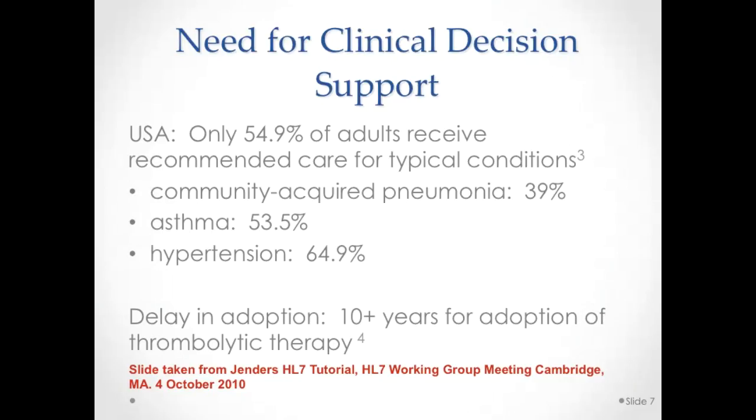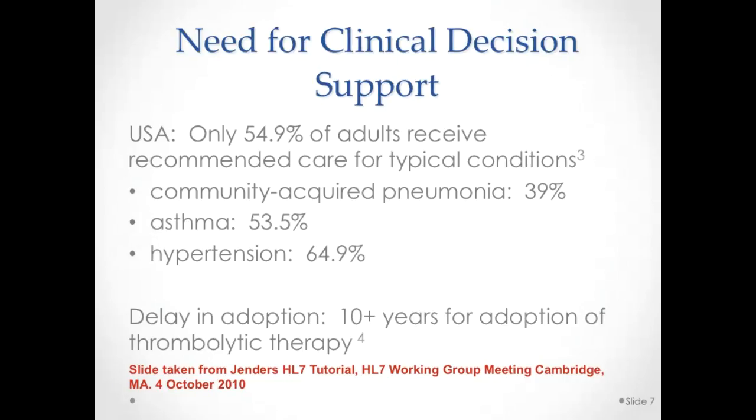Unfortunately, and this is sort of an old reference, but at the time of the publication, only about 50% or so of adults received recommended care for some really typical conditions like community-acquired pneumonia or asthma or hypertension.